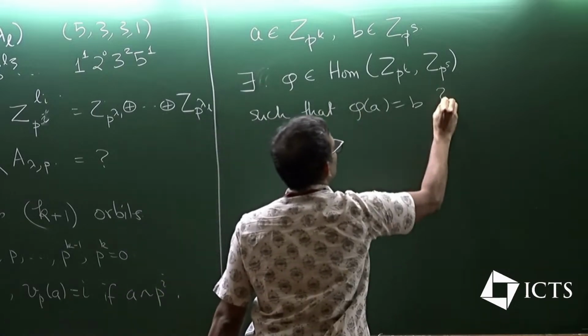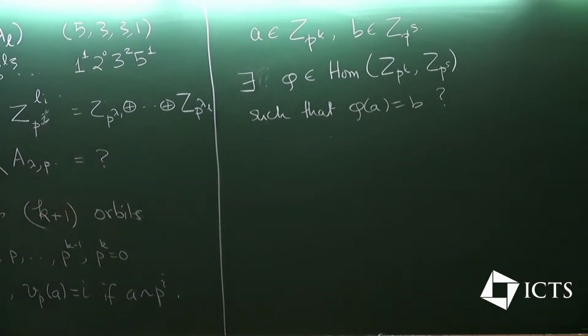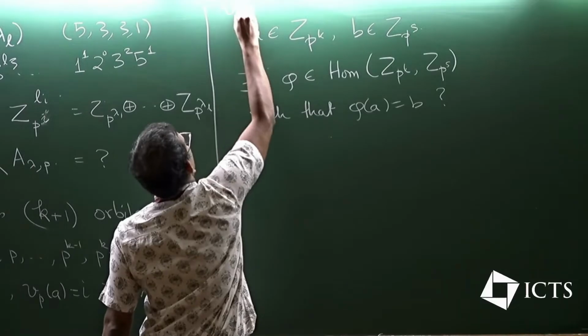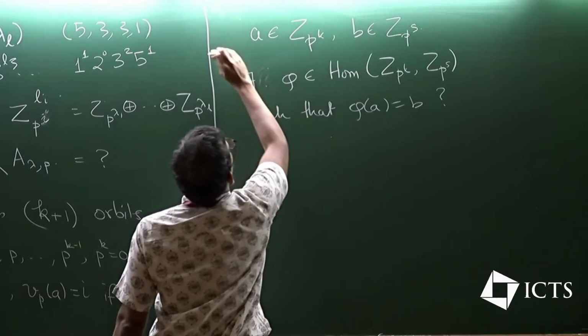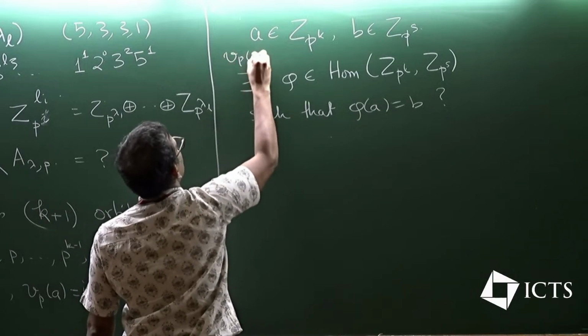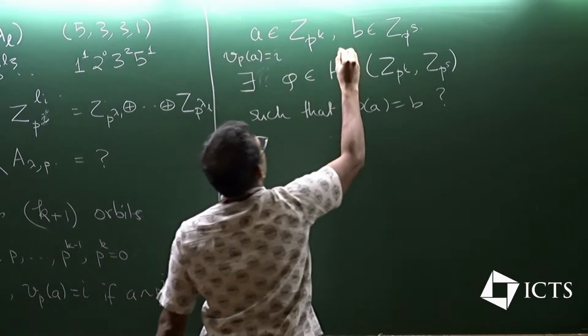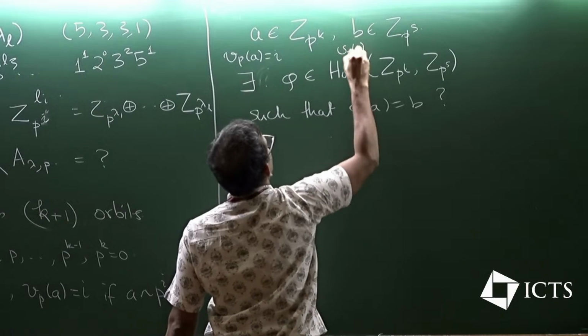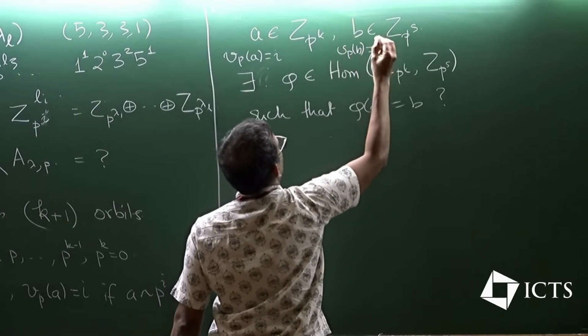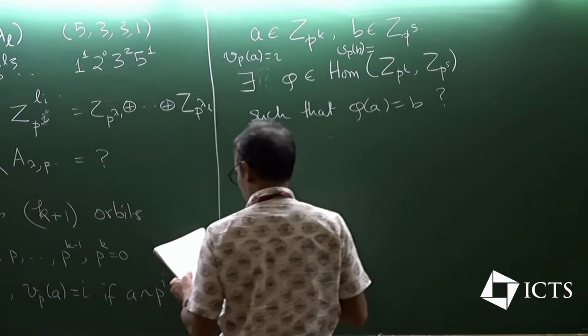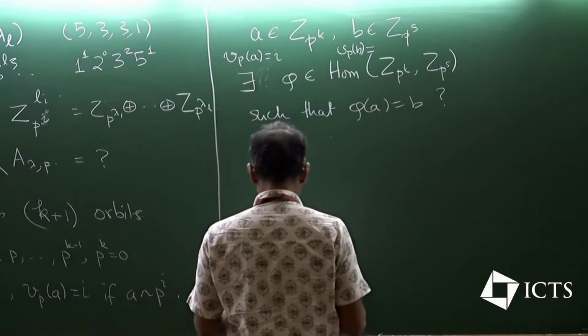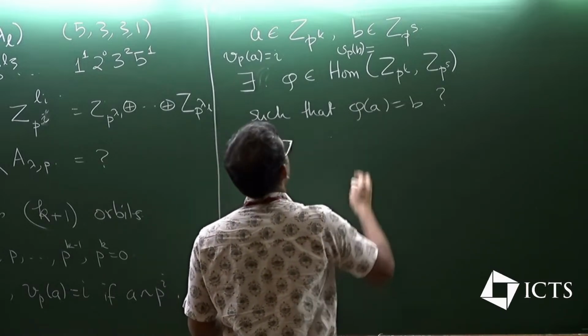The answer will depend on these p-adic valuations. Let's suppose that v_p(a) is i and v_p(b) is j.